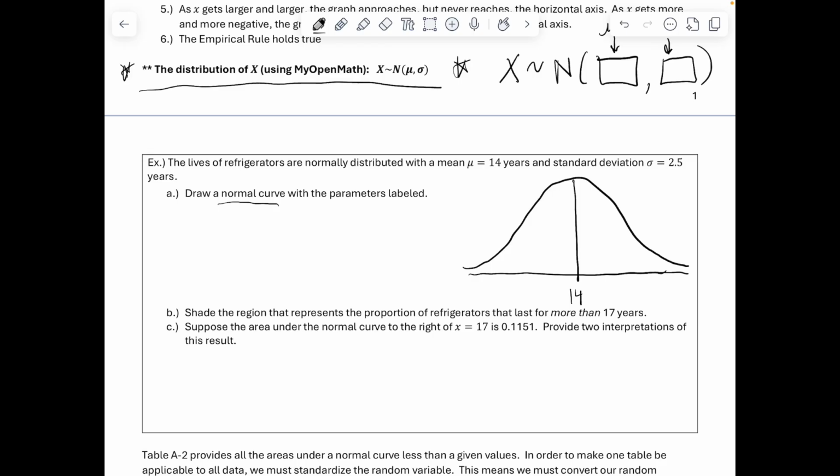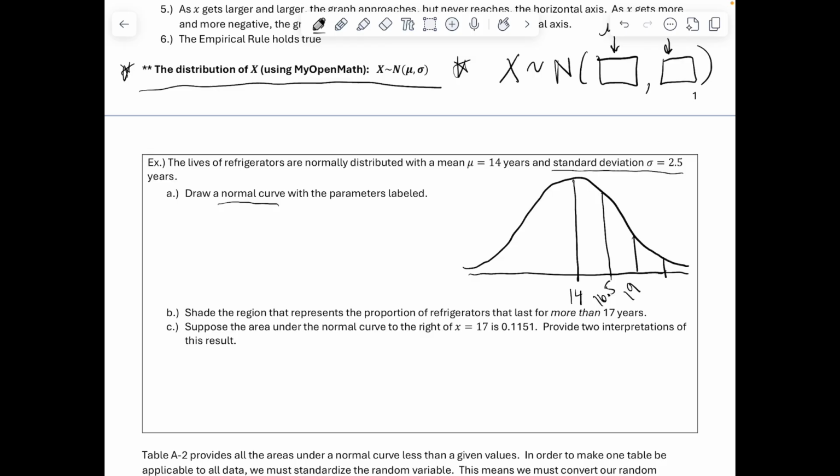And since we know that our standard deviation is equal to 2.5, remember we can go 3 standard deviations to the right. And to find those numbers, we just keep adding the standard deviation, which is 2.5. So 14 plus 2.5 is 16.5. 16.5 plus another standard deviation of 2.5 is 19.